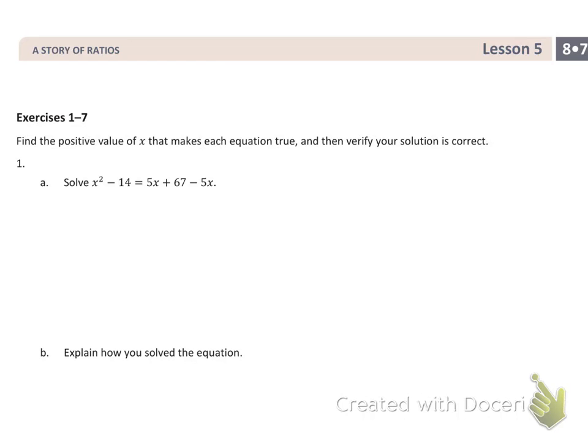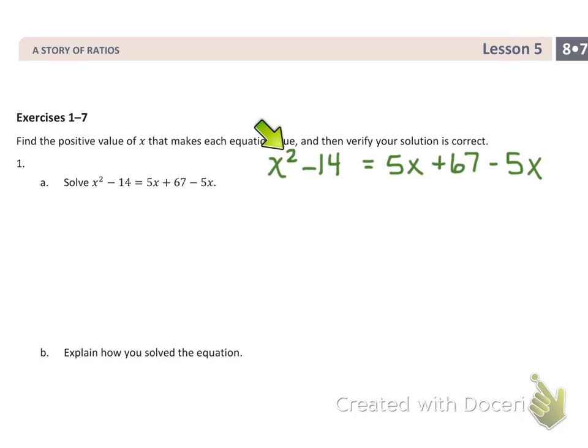All right, for number 1, I'm going to start by rewriting the equation over here. x squared minus 14 is equal to 5x plus 67 minus 5x. I like when I start an equation to just see what terms I have. Now there's no parentheses here, so I'm good to go.